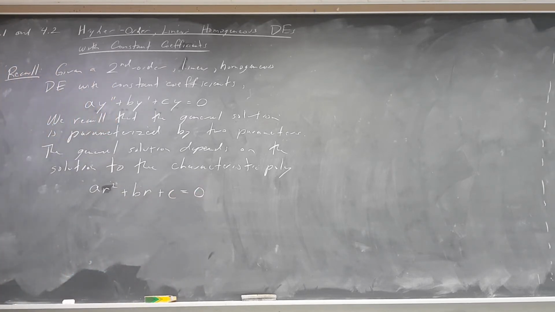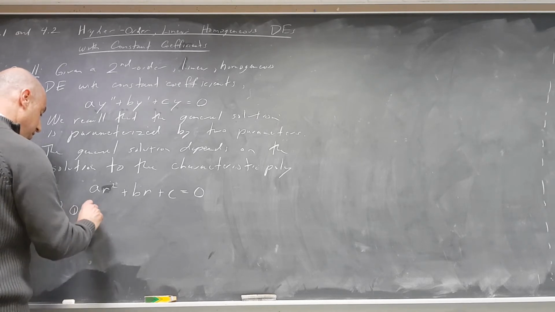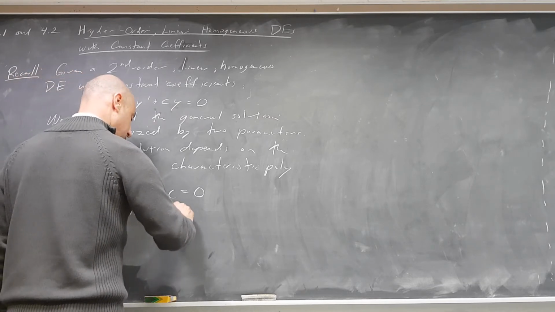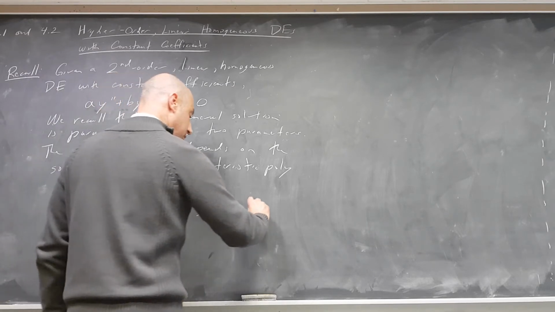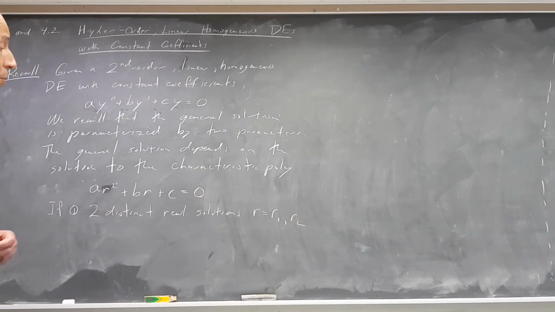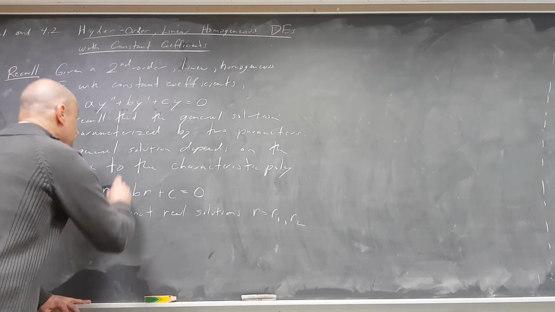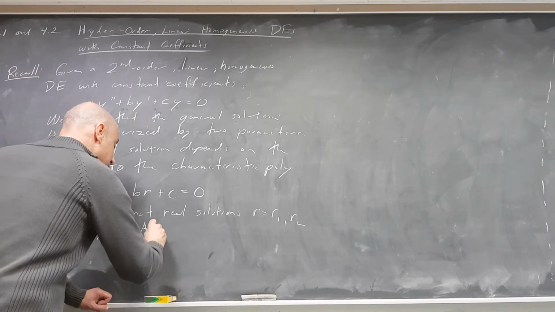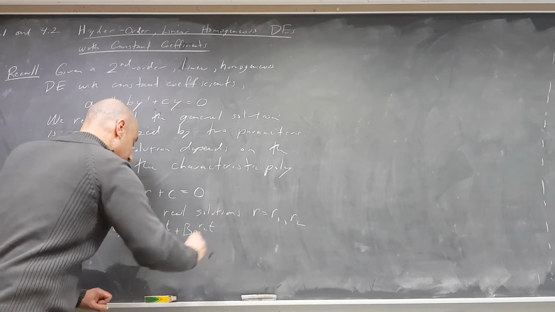And if we solve that, if we have two distinct real r's, let's call them r1 and r2, where r1 and r2 are both real numbers, we know the solution to the original differential equation has the form A times e to the r1t plus B e to the r2t.